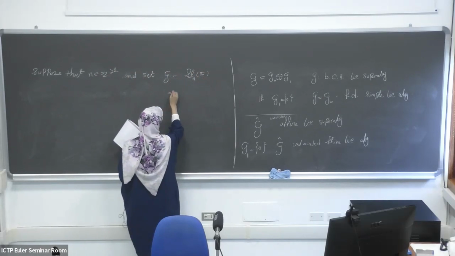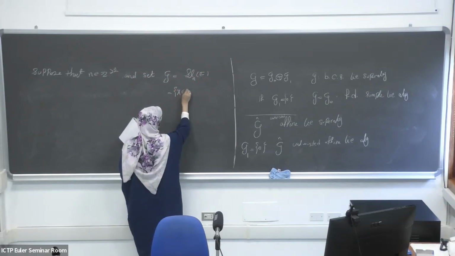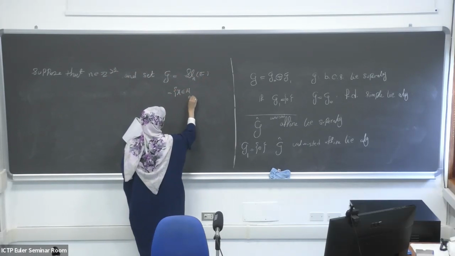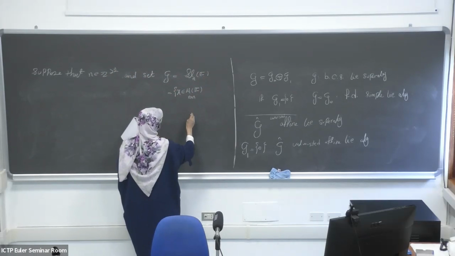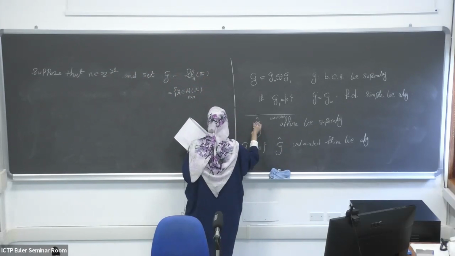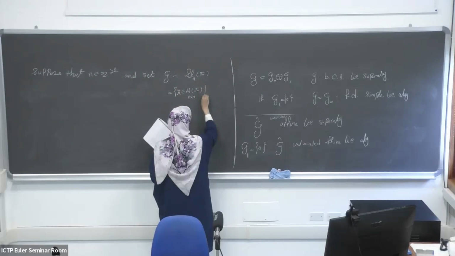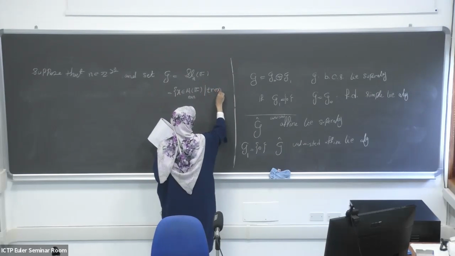And you remember it is all the square n times n matrices where the trace of x is 0.